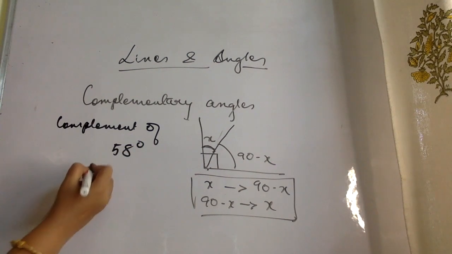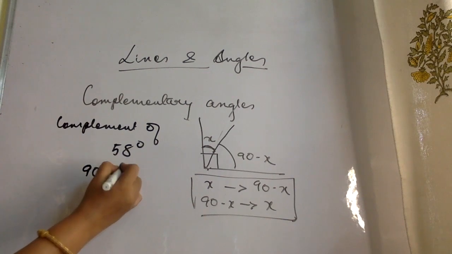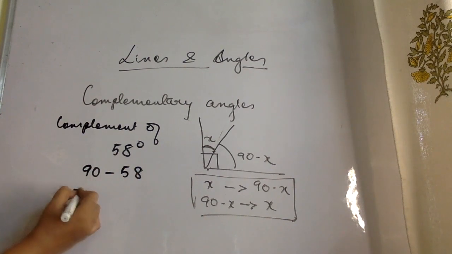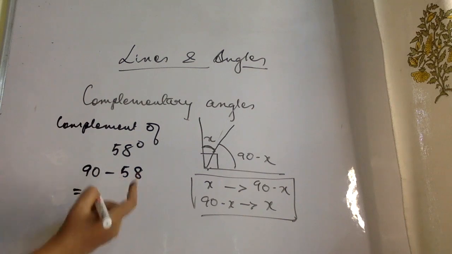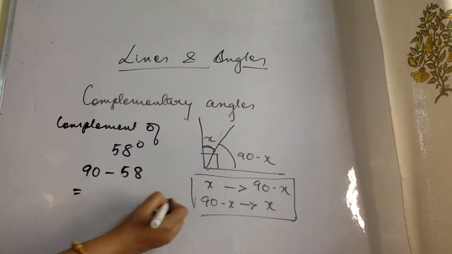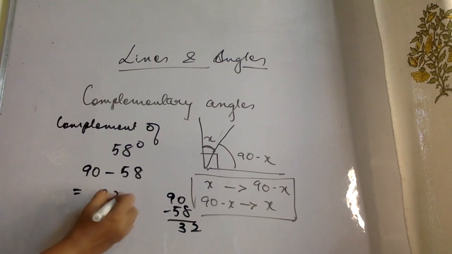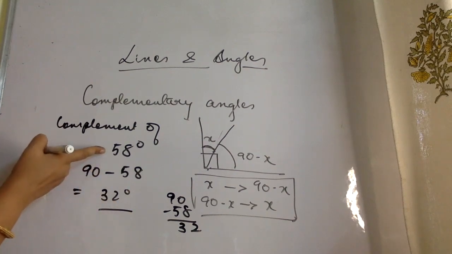All we have to do is 90 minus 58, which you can do in rough. That gives me 32 degrees. So 32 degrees is the complement of 58 degrees.